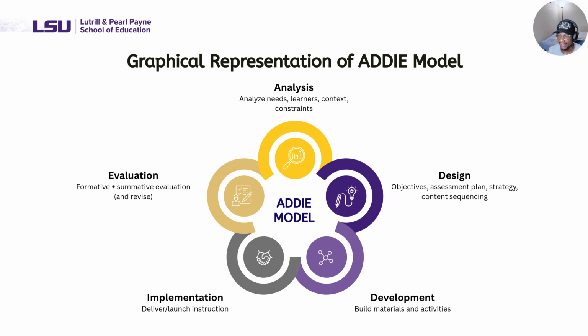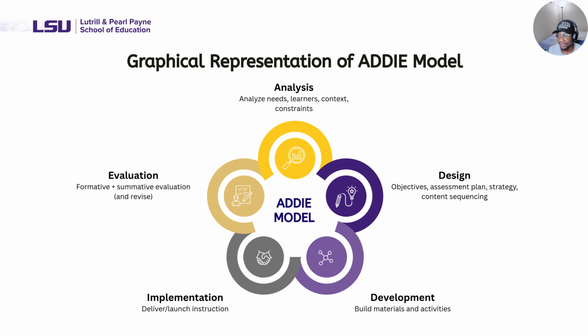The first one, analysis. So analysis is essentially to identify all key variables that will shape the course design, including learner characteristics, the learner's prior knowledge, and available resources. The second is design.